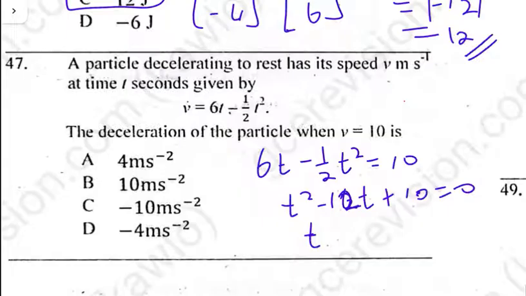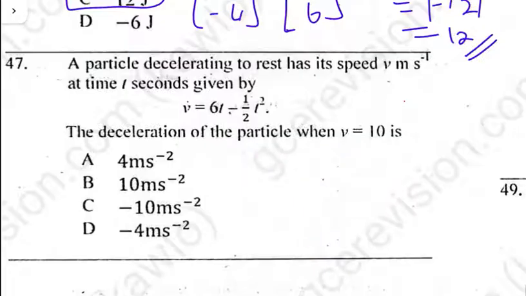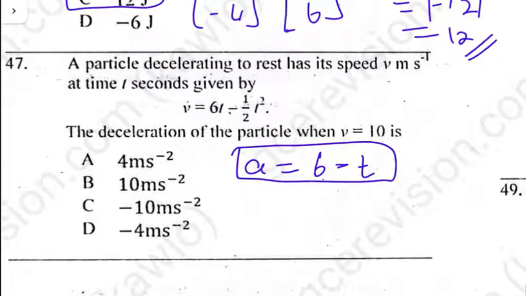Okay, let me take this again and see what's left out. Let me start by differentiating to get the acceleration. That's going to be 6 minus t. So now at v equals 10, how do you get the time? You need to get the time, right?